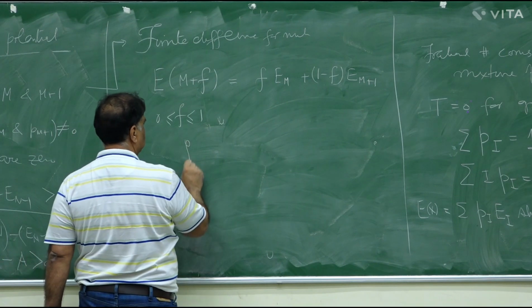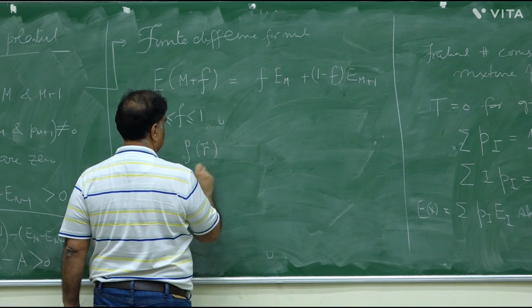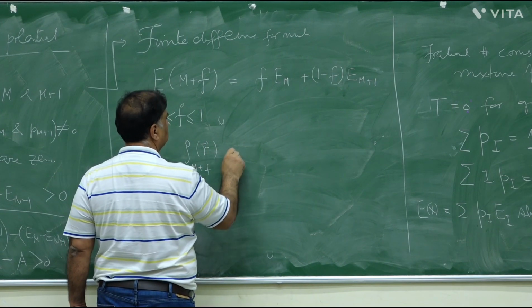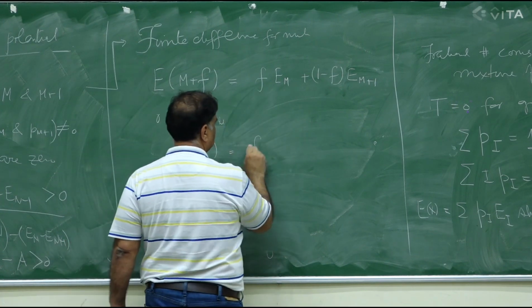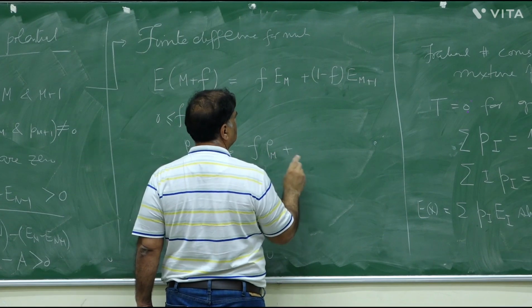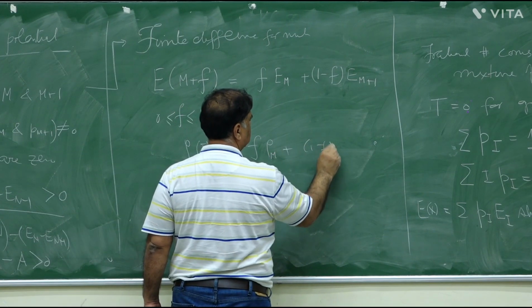The density for m plus f, now I'm taking that as a mixture, is going to be (1 minus f) rho_m plus f rho_(m+1).